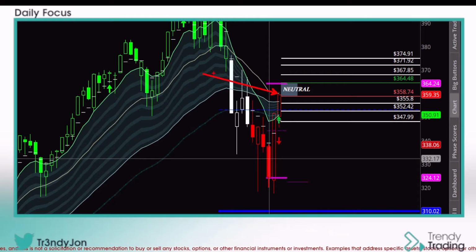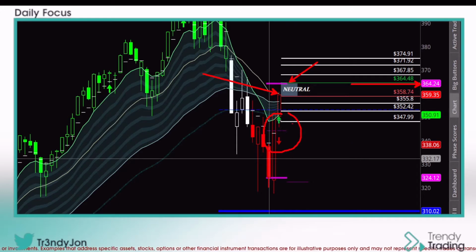And just because the SPY breaks the cloud doesn't mean the Qs have to. All right. But the AC/DC is a very high probability play out. So if we could break above the AC/DC, again, or above the cloud, sorry, then we will hit this 364.24 on the charts of QQQ.